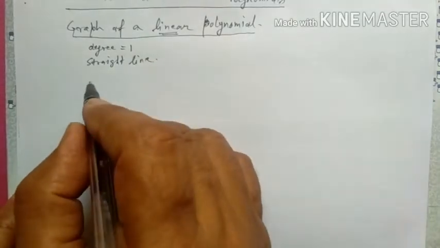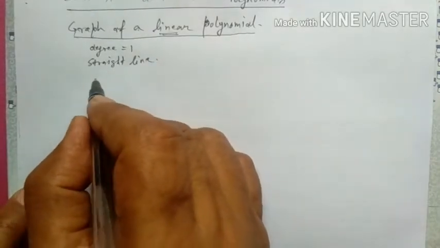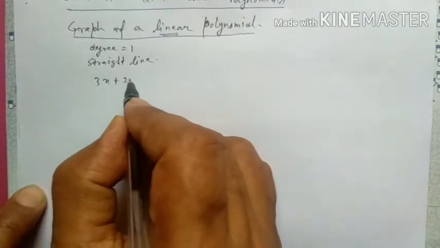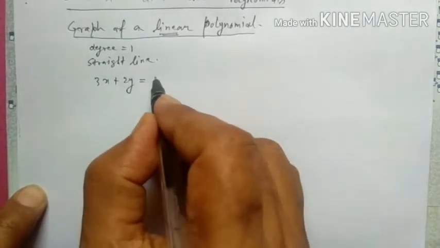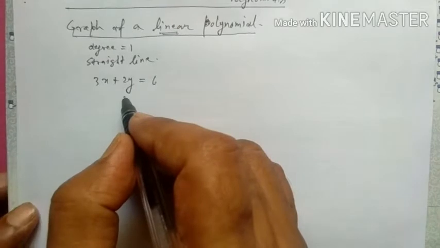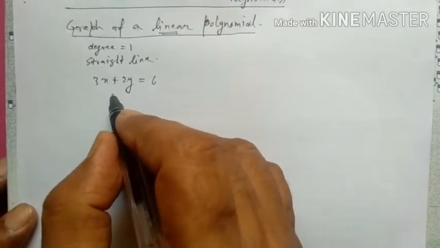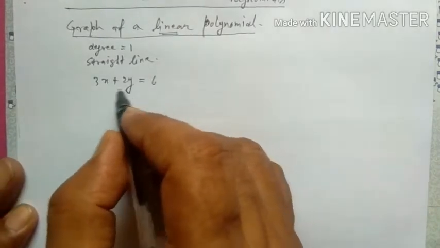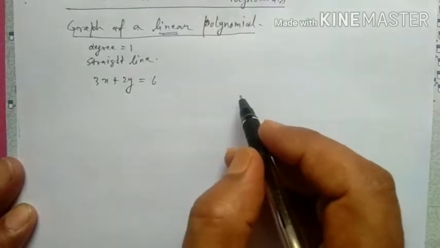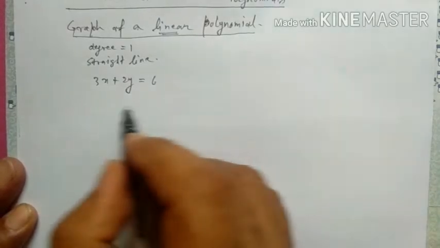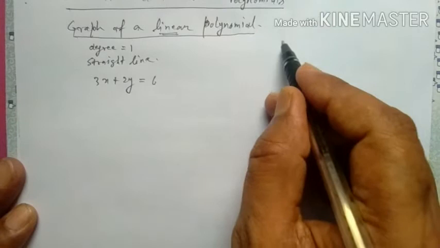Take an example: 3x plus 2y equal to 6. This is a polynomial. Its degree is 1. So this is a linear polynomial. Now draw its graph.